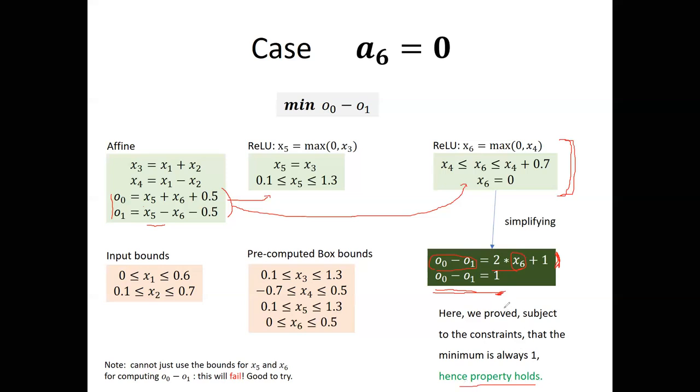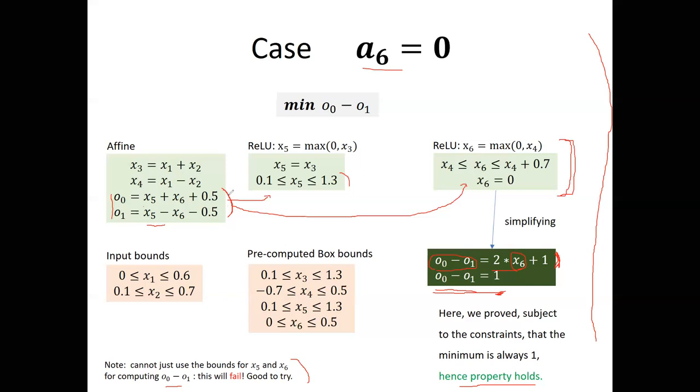So in this linear programming instance that you generated here, there are no integer variables anymore. A6 has been instantiated. You have proven that the O0 is greater than O1. A good exercise I have put here is that you cannot just use the bounds for x5 and x6 for computing O0 minus O1, because if you plug them in here, this will actually fail, as it is not precise enough.